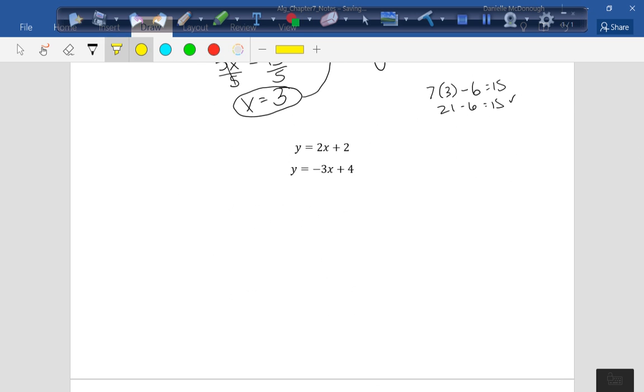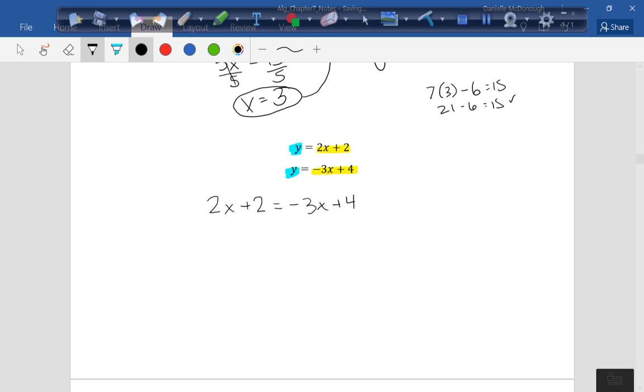If you notice here, I have y equals 2x plus 2, but I also have y equals negative 3x plus 4. Well, since both of those equal y, what I can do is set them equal to one another. 2x plus 2 is equal to negative 3x plus 4. The reason is because y equals and y equals, so they're the same thing.